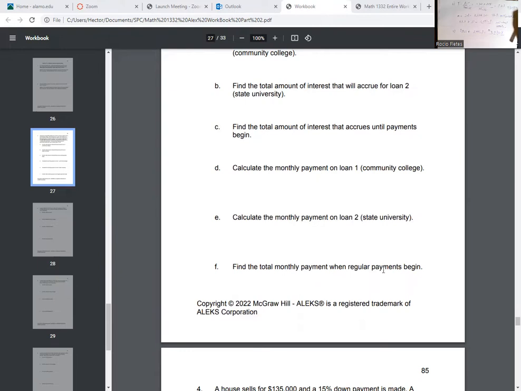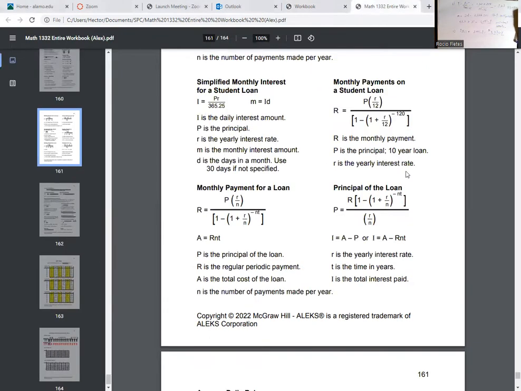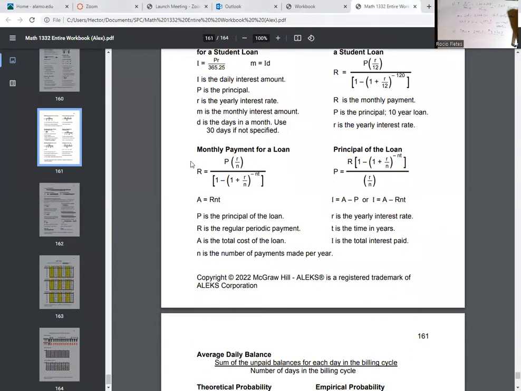And for that, you need the formula for payments of a loan. Let me take you back to the workbook here. Actually, I am there, but let me tell you the formulas. It's going to be this one, the monthly payment for a loan, the R formula right here, where R is the regular payment, P is the principal, R is the interest rate, N is how many payments in a year.